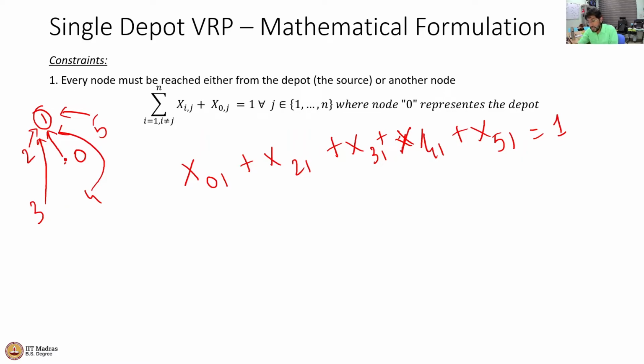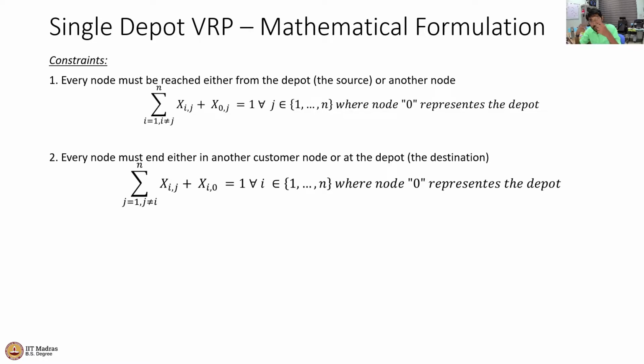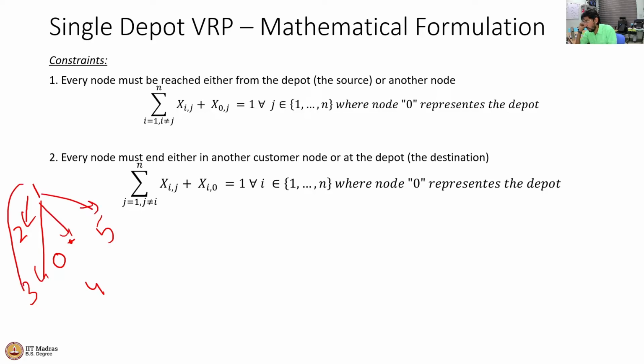Let's go to the next constraint, which enforces that the destination should also be a node or the depot. Again, the 5 scenario case, 1, 2, 3, 4, 5, and 0. Let's say I am at 1. From 1 I can either go to 2, 3, 4, 5, or to 0, right?